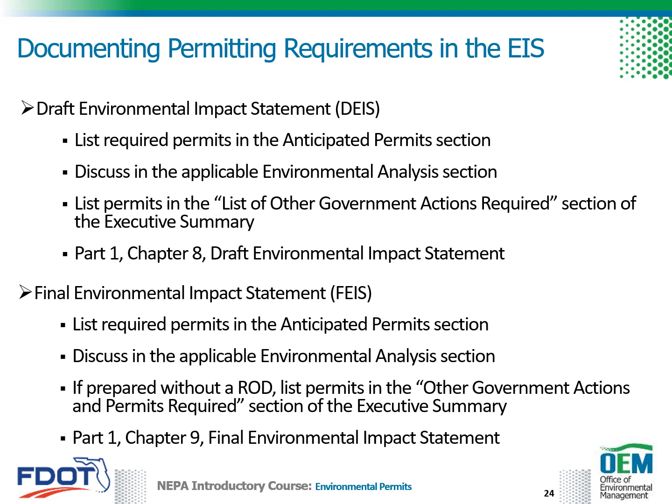In the rare chance that a final environmental impact statement, or FEIS, is prepared separately from the Record of Decision, or ROD, they are also listed in the Executive Summary in a subsection titled Other Government Actions and Permits Required. For RODs, the ROD replaces the Executive Summary. For more information on documentation in an FEIS or ROD, see Part 1, Chapter 9 of the PD&E Manual.